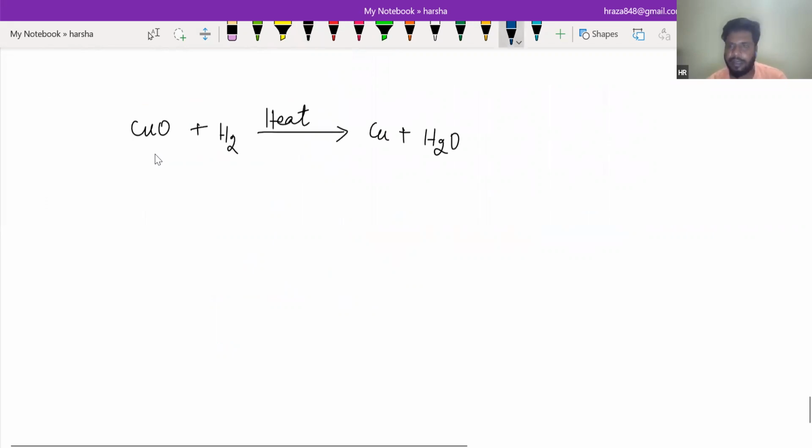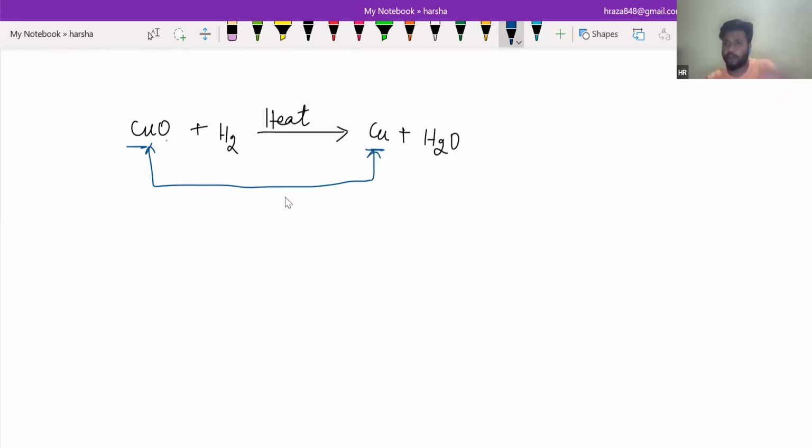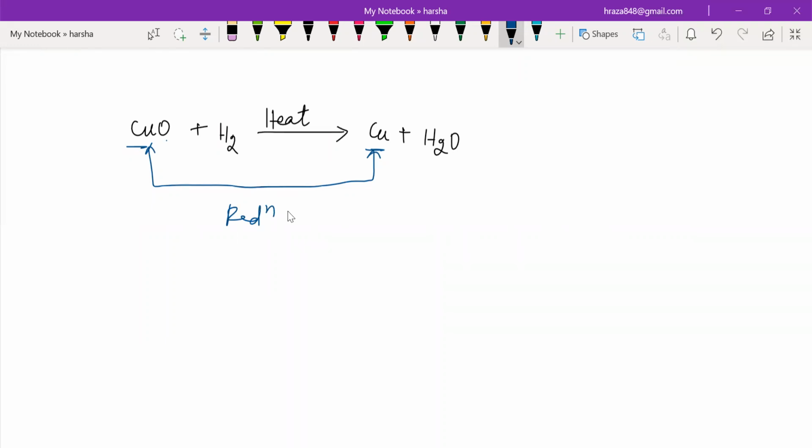Now see, initially copper has oxygen, and finally in the product copper doesn't have oxygen. That means copper oxide loses oxygen. That means it is reduction? Yes or no? Yes, sir. Abdullah and Hamna, please reply to me.